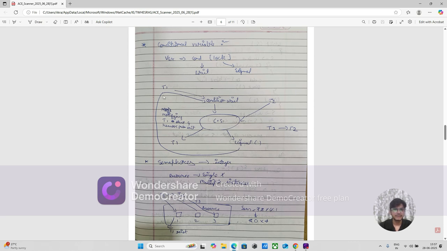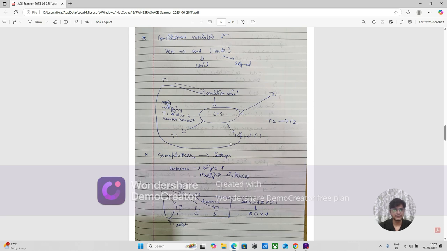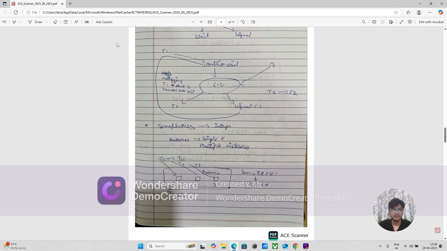T2 checks if T1 is working on something. If there is a condition like that, and T2 is doing something, then when T2 completes its work it gives a signal to T1. Then T1 can go to the critical section. Okay, now you can understand.